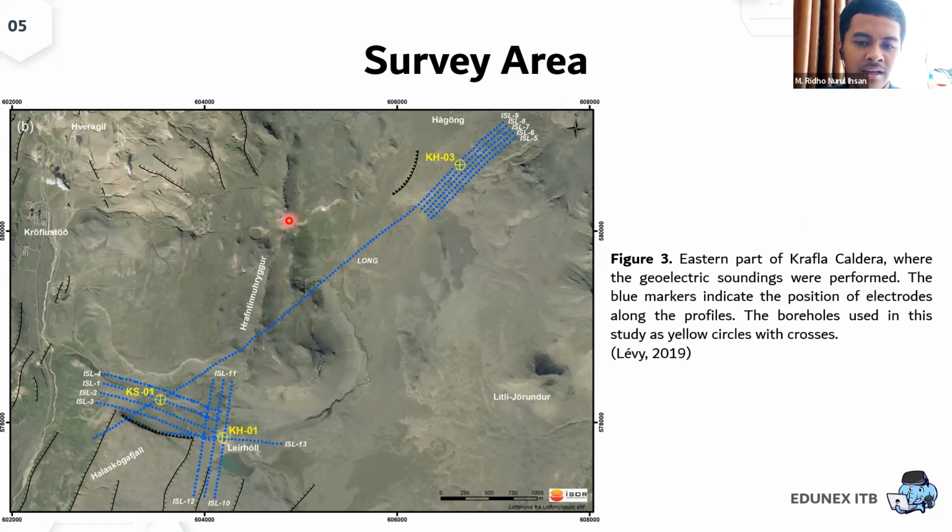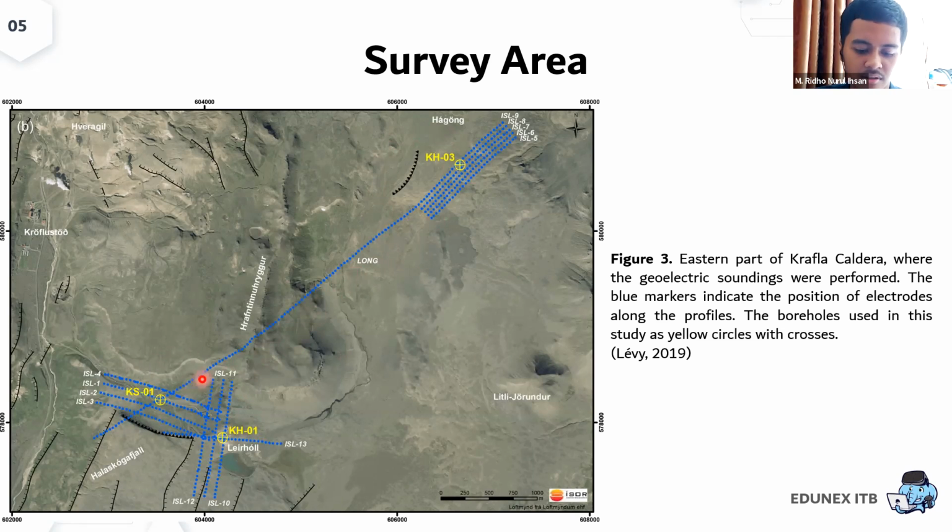This is the survey area from that research. The Keflavik high temperature geothermal field has about 40 production boreholes, and several exploration boreholes, including KS01, KH01, and KH03, have also been drilled.